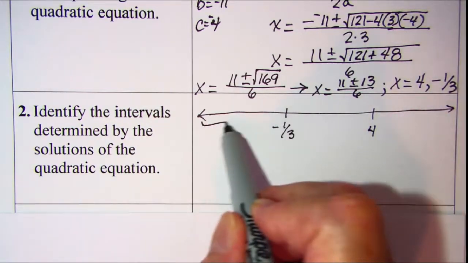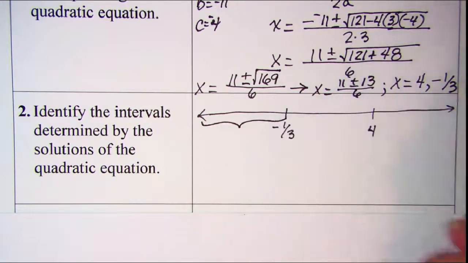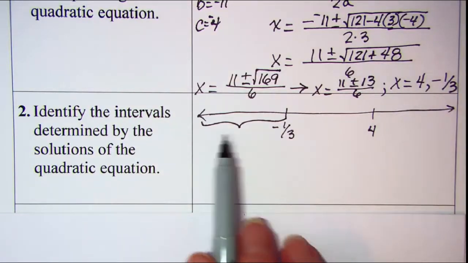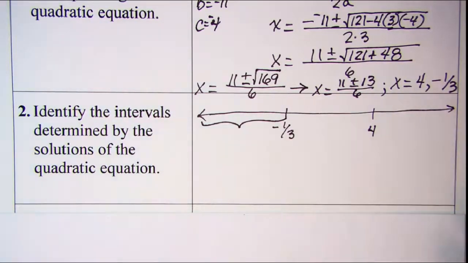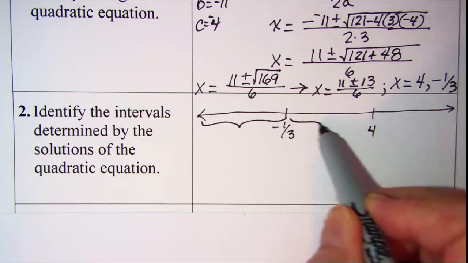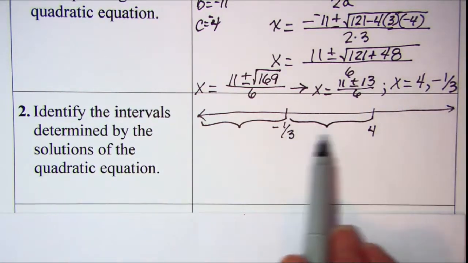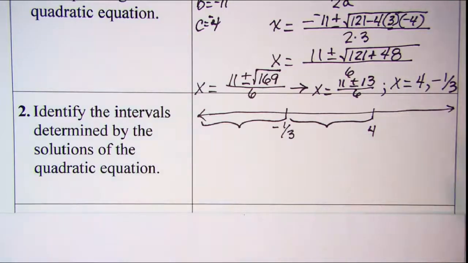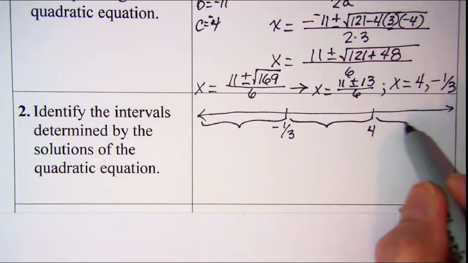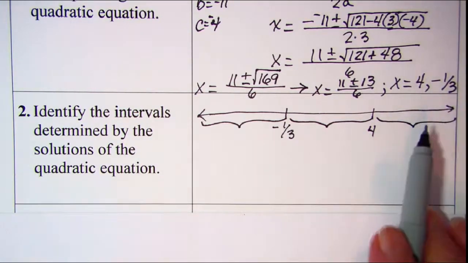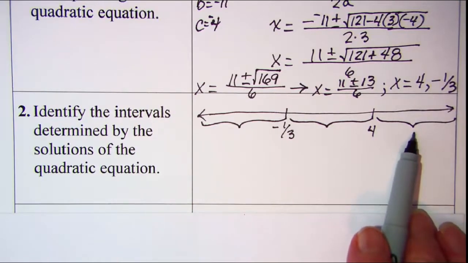One of the intervals is all numbers that are less than negative 1/3. Another interval we need to consider is the interval between negative 1/3 and 4. And then the last interval is numbers that are greater than 4.